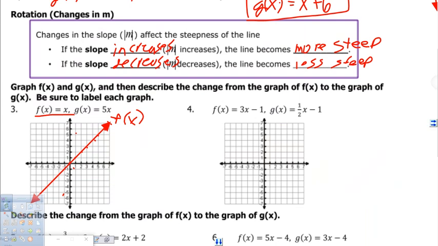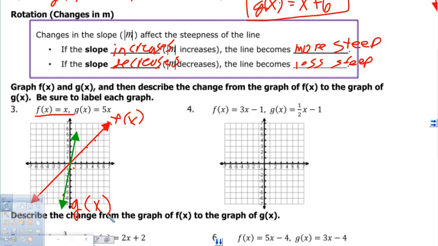Okay. So there's that, and then we're going to make this one green, and it's going to look like that. Okay, so that's going to be our g of x. Now as you can see, g of x is more steep. Okay, and then describe the change.